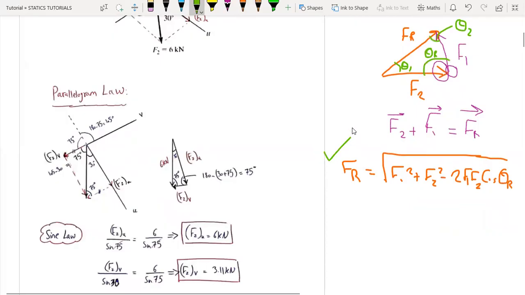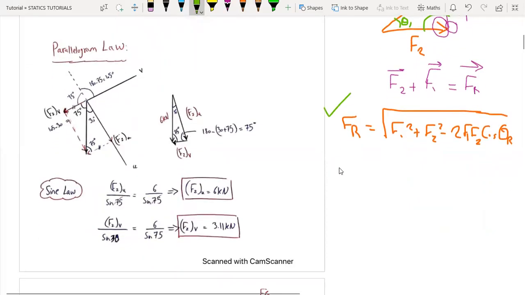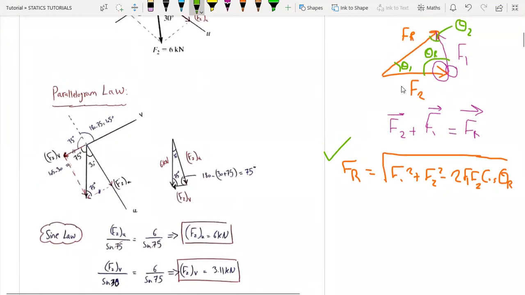This equation we can call the cosine law, and from the sine law we can also get the magnitudes of the components or the resultant force with the corresponding angles facing the vectors.